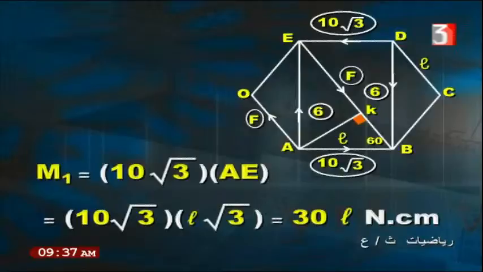Remember, my dear students, the unit of a couple is Newton centimeter, the unit of the force times the unit of distance. The force's unit is Newton, the distance centimeter, the moment Newton centimeter.